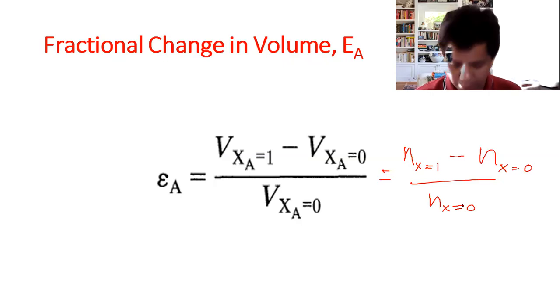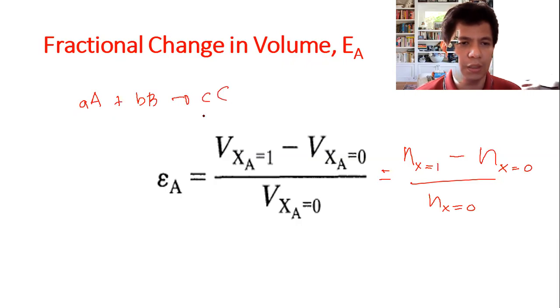So for example, you have A plus B will give you C. So initially you have A plus B, di ba, as your n when x is equal to 0, and then only C will remain when x is equal to 1.